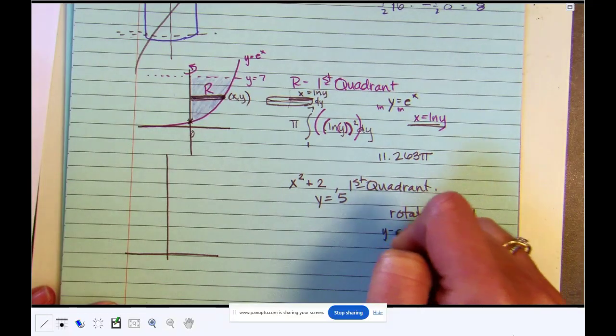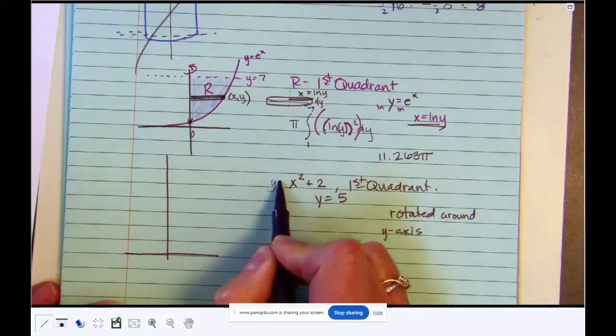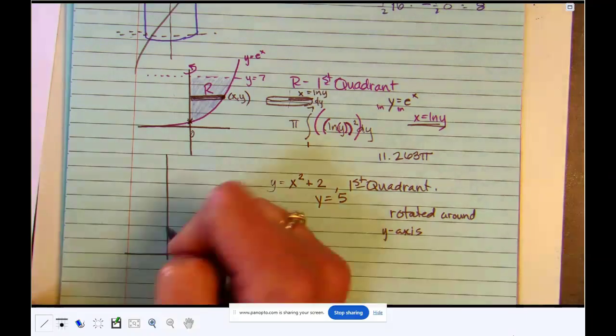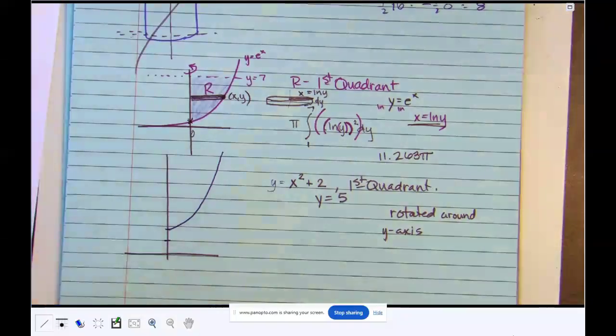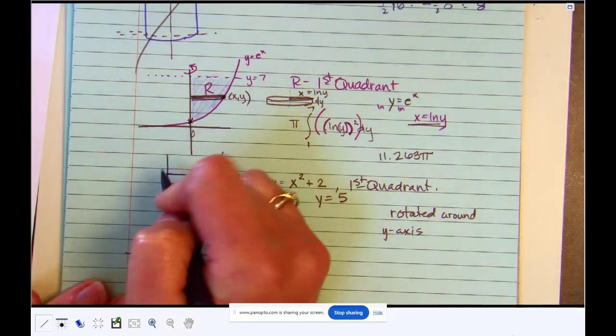You draw the graph for us. Okay, talk to me. X squared plus 2, what does that look like? This, the parabola scooched up. Scooched up 2, right? So parabola scooched up 2. Okay, and the y equals 5 would be here.